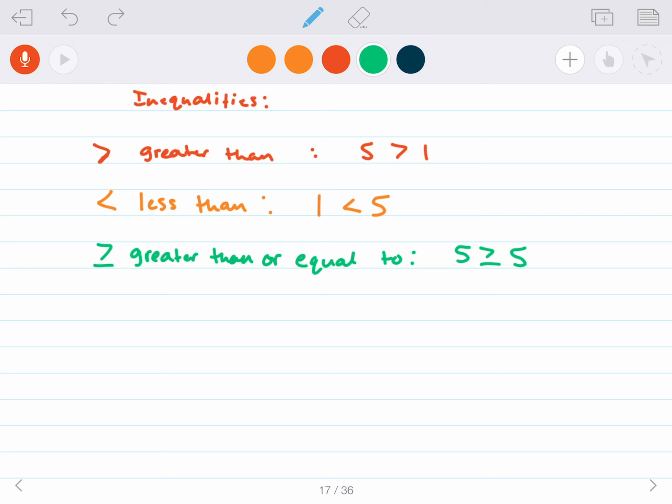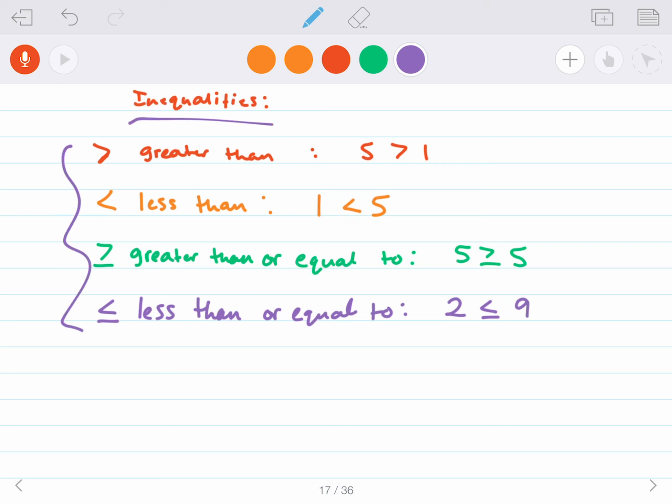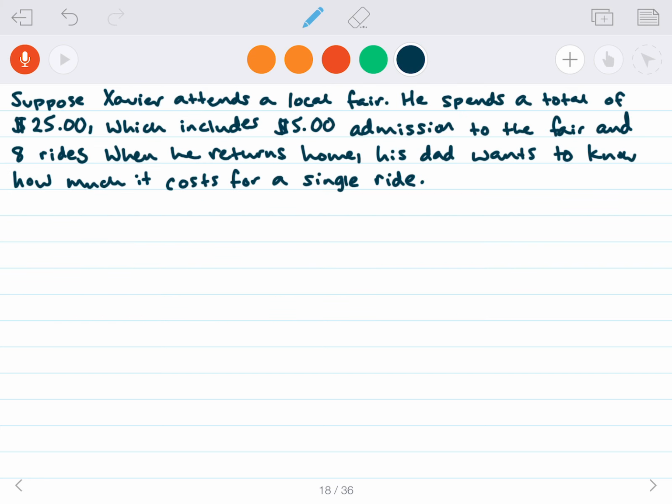Okay. Then finally we have less than or equal to. So this is less than or equal to. Use the same example, or we could say 2 is less than or equal to 9. Okay, so these are just our inequalities. It's a reminder of how we can use them.